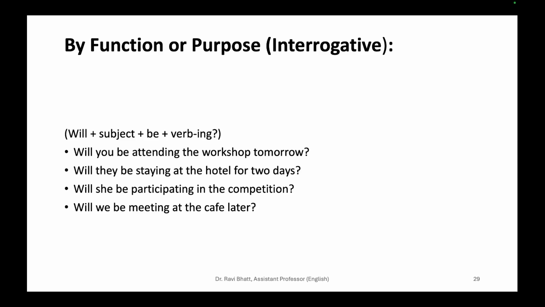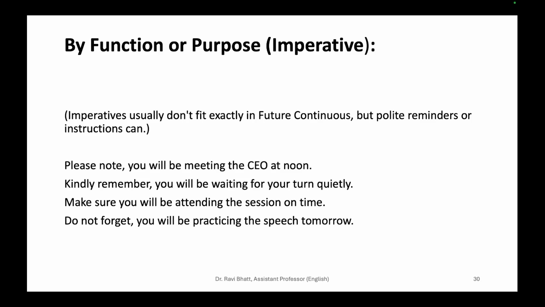All right. Now, next we have imperative sentences. Imperative sentences usually don't fit exactly in future continuous, but polite reminders or instructions can. Generally, we don't use imperative sentences in future continuous, but polite reminders and instructions can be noted.